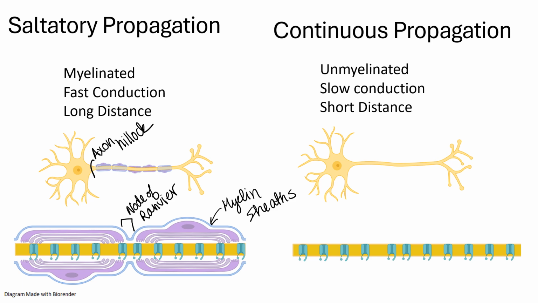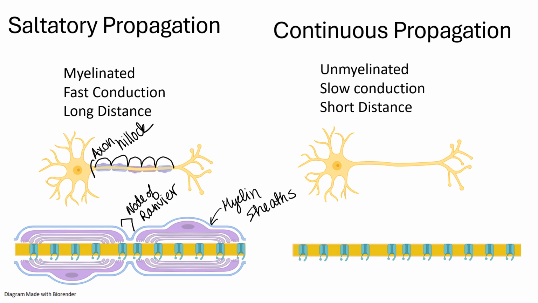So an action potential, once it passes the axon hillock, is still capable of causing ion channels in the nodes of Ranvier to open and close and conduct electricity. And what this does is allow an action potential to jump over each one of these myelin sheaths.